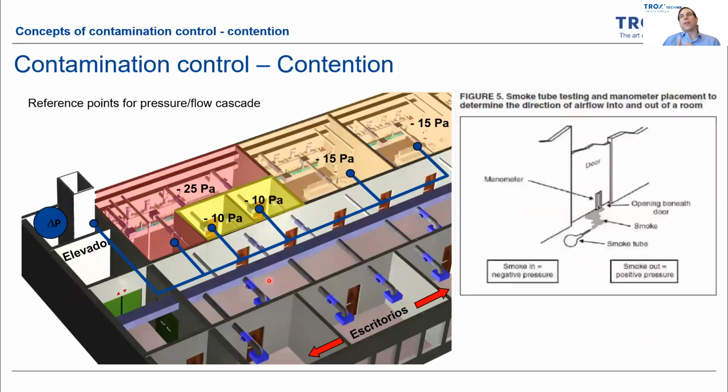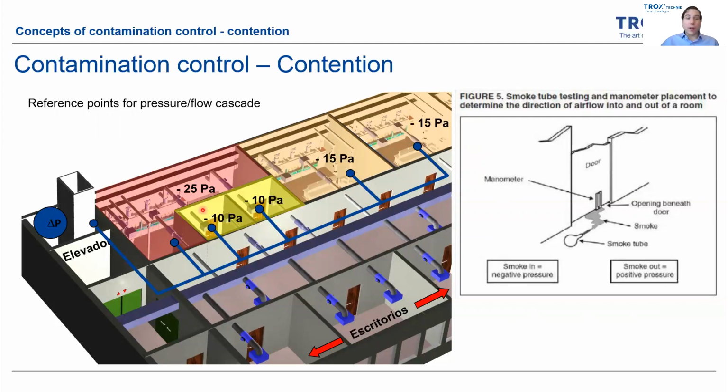One thing that's important in these projects is that we need to use the same source of reference for all the rooms. Because if we make the reference directly to the corridor and the valves, and someone opens a door here, the pressure in this corridor changes, and all the other valves will begin to float.